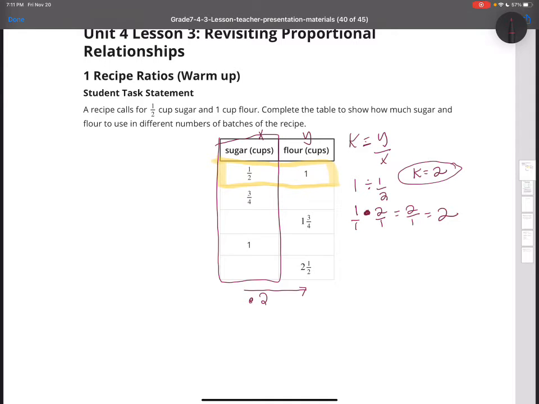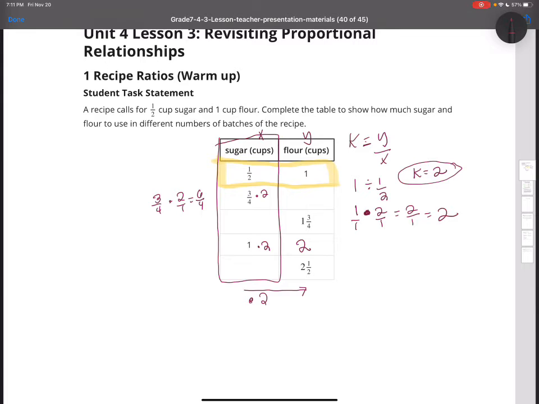Okay? So let's start with the easy one, which is 1. What's 1 times 2? If you guessed 2, you're absolutely correct. Now for this one, what's 3/4 times 2? Now, if you don't know what 3/4 times 2 is right off the top of your head, you could multiply going straight across, which is 6 over 4.